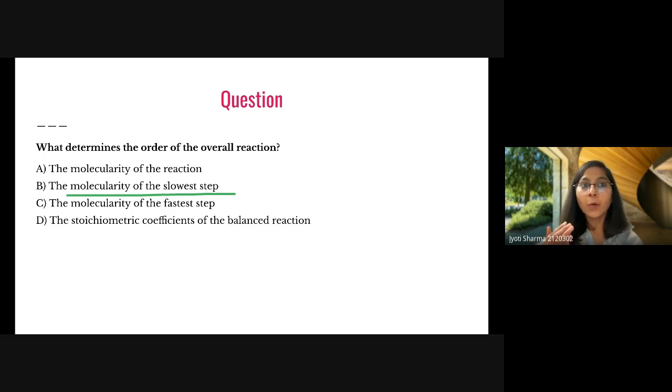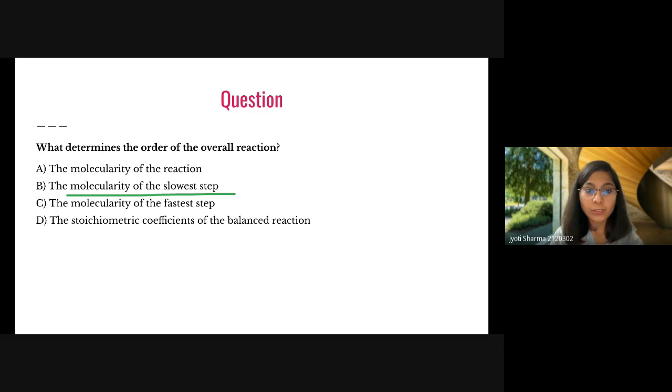Let's say one step is taking almost 10 hours to complete, but the other three steps take just 5 minutes, 5 minutes and 5 minutes. So this slowest step will be the determining factor for the overall reaction. That's why whatever molecularity we have of the slowest step will determine the order of your overall reaction.